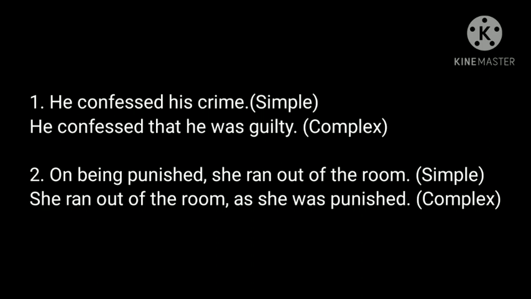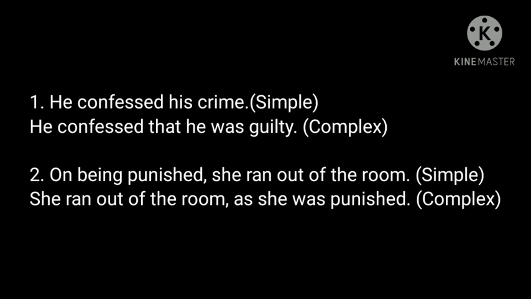That is, we have to expand the phrase "his crime" in such a way that we can get a dependent clause having a subject, finite verb, and a subordinating conjunction. So, the complex sentence we get from this sentence is, "He confessed that he was guilty."